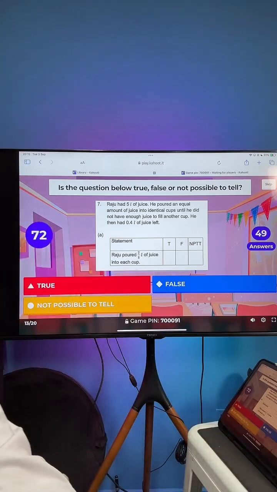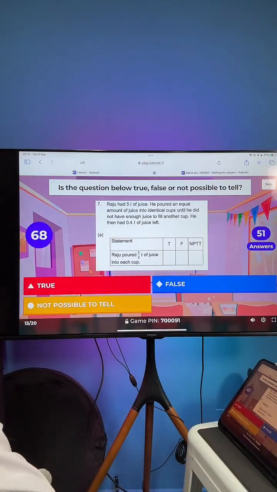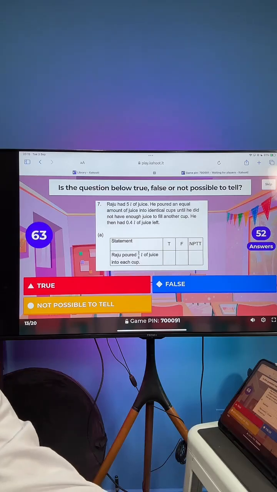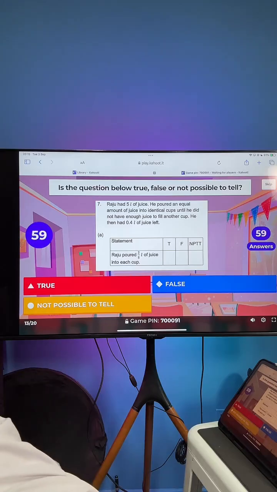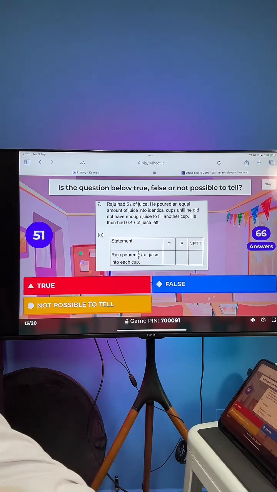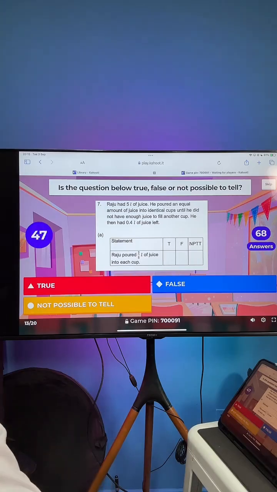Afra, nice one. Inaya also, nice one. Nela, anything also can, is it? False or true? Or is it not possible to tell? Let's see. Convert 2/5 liters into... wait, what?